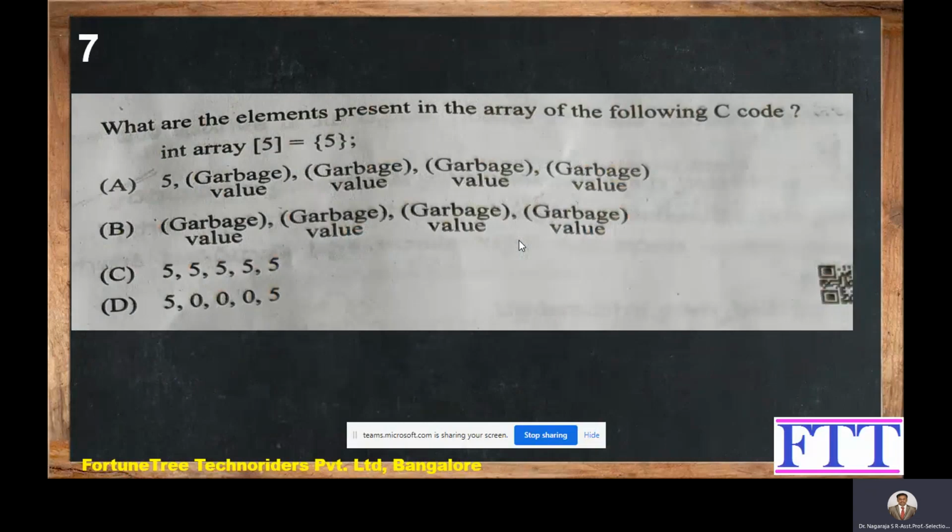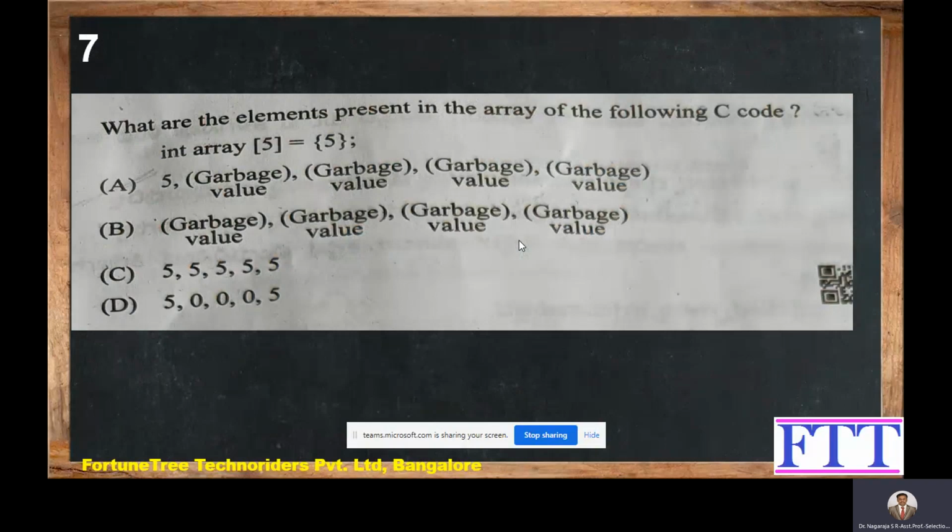So seventh one, what are the elements present in the array of the following C code? So int array of 5. We initialize only one element, 5. So what is the expected output? Option A, 5, comma, remaining 4 elements are garbage values.